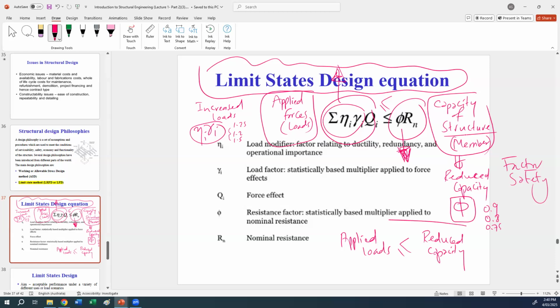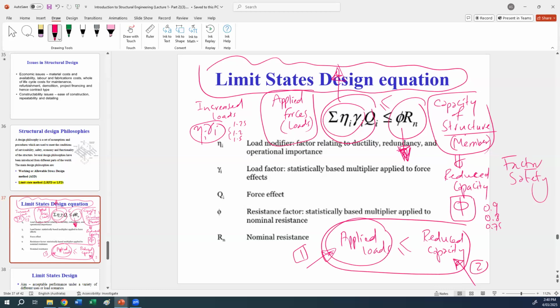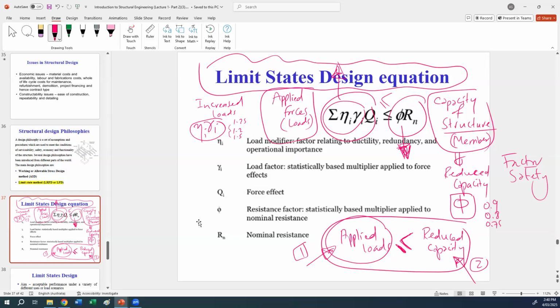In our course this year, we will firstly calculate the load. This is our first step. Then we will calculate the capacity to make sure that the capacity is more than the applied load. This is the meaning of the design procedure using the ultimate limit state design method.